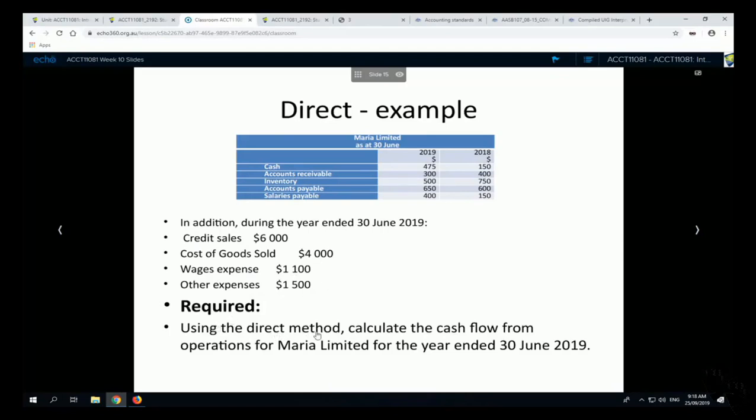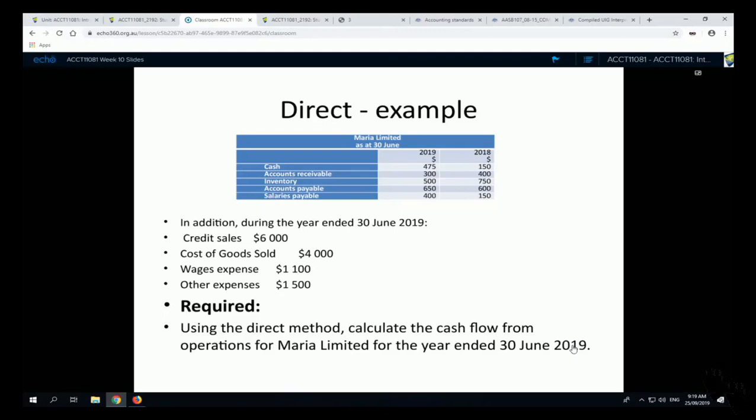And we're doing the direct method of calculating operating activities, so we have to calculate the cash flows from operating activities for Maria Limited for the year ended 30th of June 2019. Remember in the previous slides I said we will learn about the categories of cash flows that we can calculate.